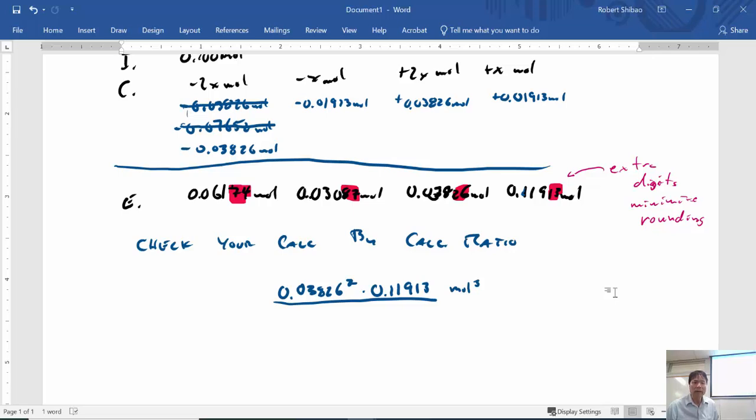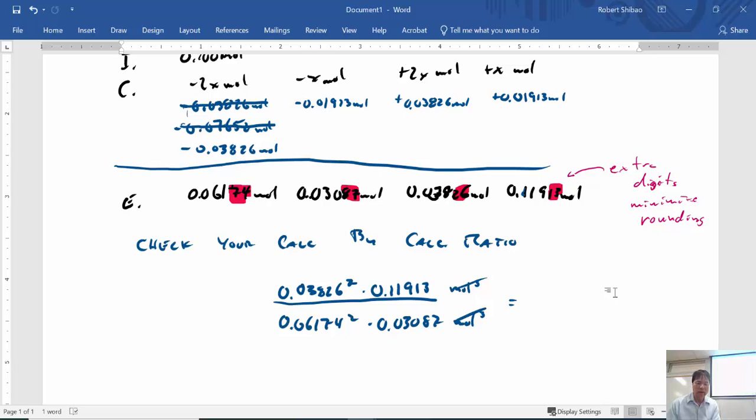And then what do I have on the bottom? Well, I have on the bottom 0.06174 squared times 0.03087. And this would be moles cubed here. So the moles cubed cancel the moles cubed. Chemists are sticklers for making sure the proper units are on there.